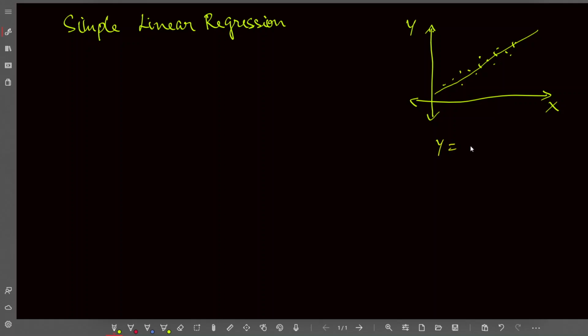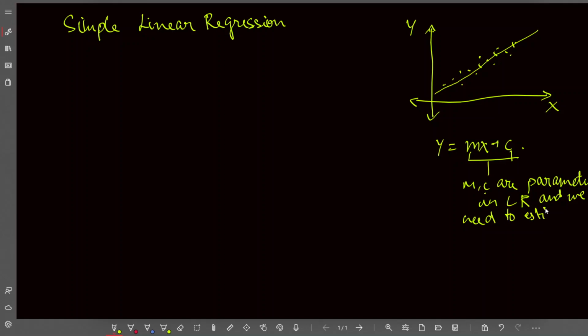We all know that the equation of a line is y equals mx plus c, right? So using linear regression, I want to establish or approximate these parameters m and c. m, c are parameters in linear regression, and we need to estimate them. That's what I try to do using simple linear regression.